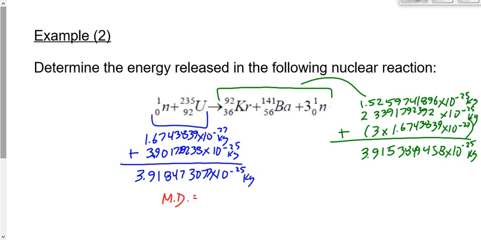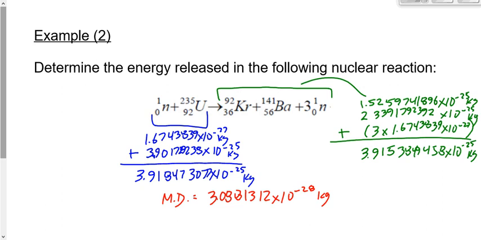Well, then let's find that mass defect. It's the first one minus the second one, which gives us a mass defect of 3.0881312 times 10 to the minus 28 kilograms. Mass defect is always subtraction, right?